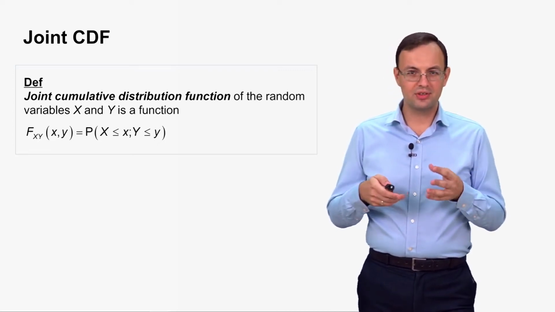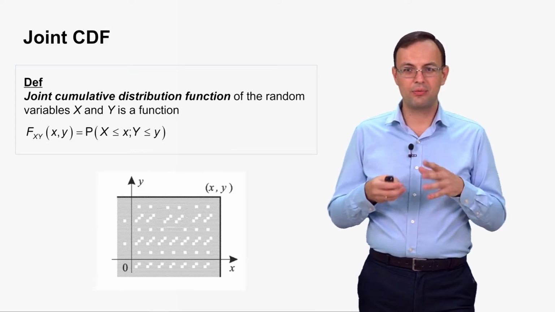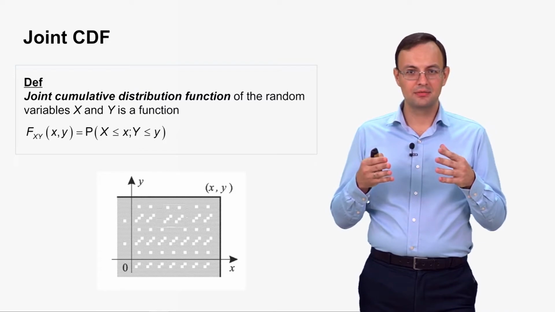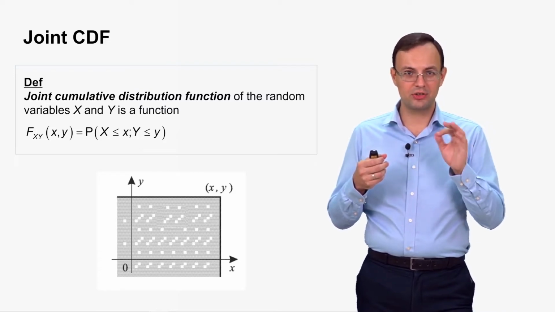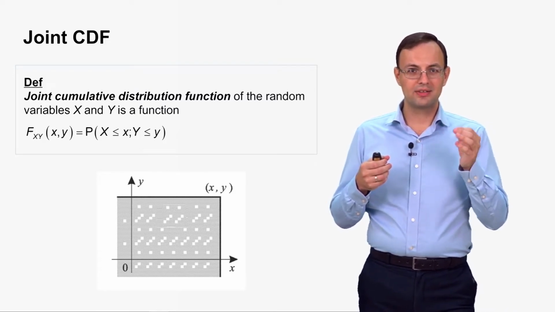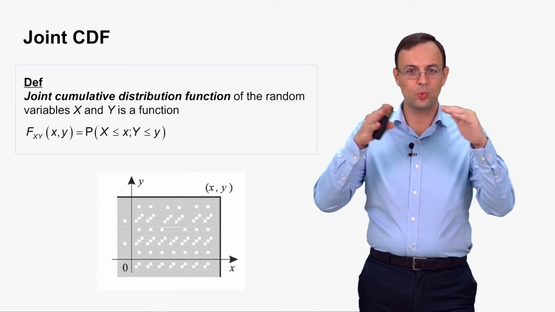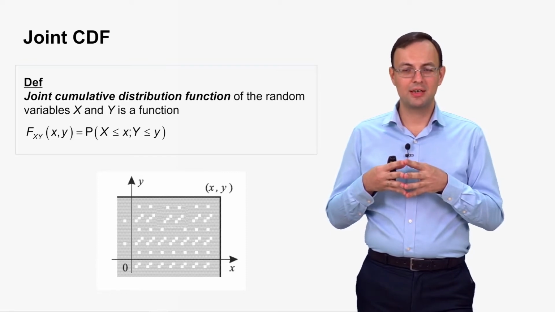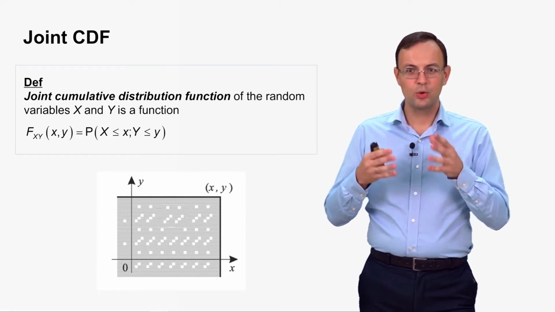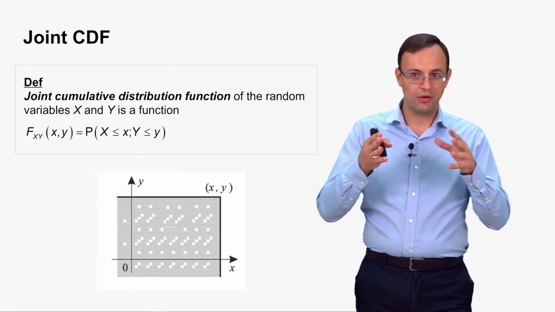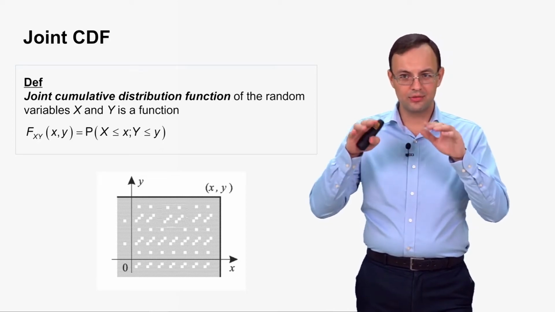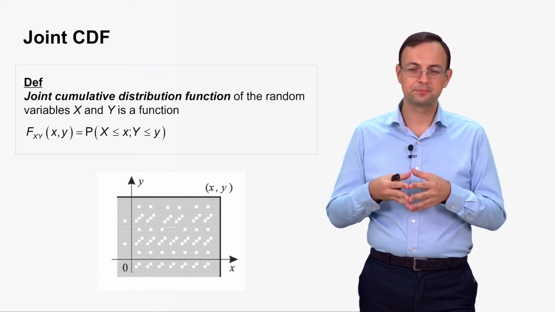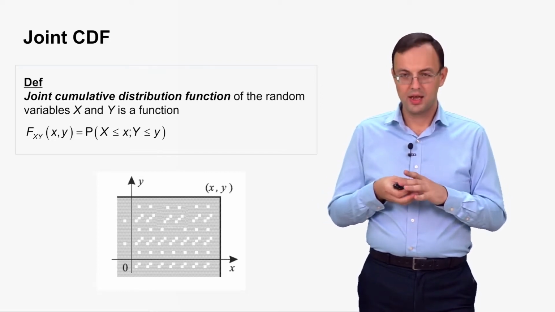In other words, the geometric sense of this is that it is the probability that our two-dimensional random variable will take some value from this quarter of the coordinate plane, so that the point will be somewhere left of x and somewhere down of y, in this quarter of our plane.